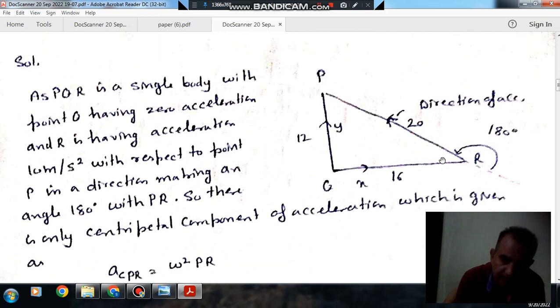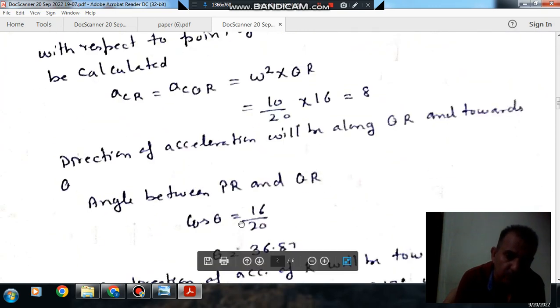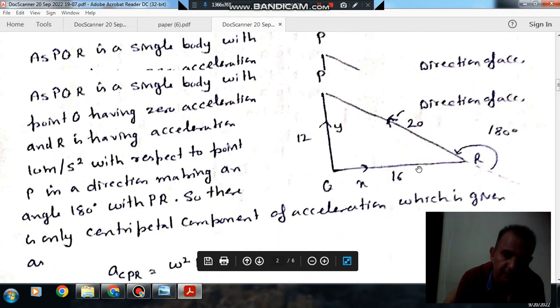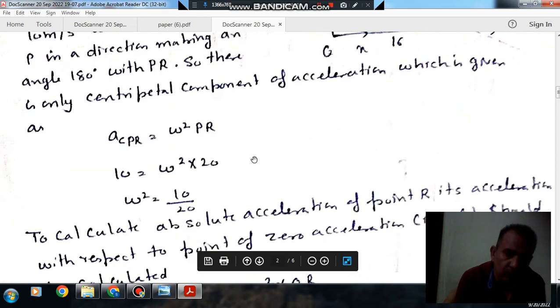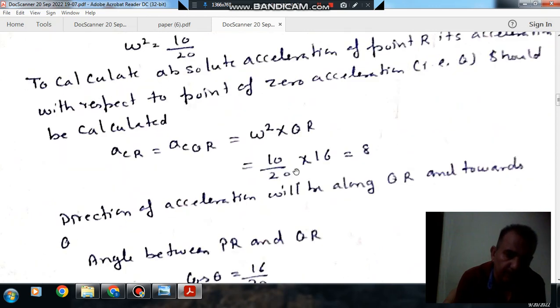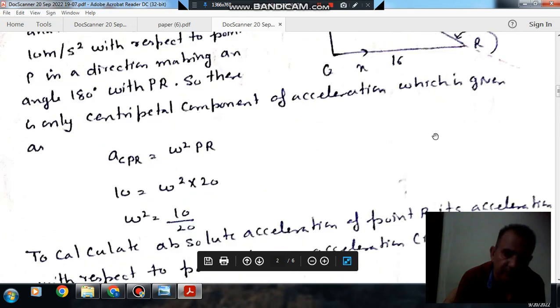So the direction of acceleration of point R with respect to PR will be 180 plus this angle. This angle can be determined by cos theta equals 16 by 20; here the base is 16 and this is 20. So it will be 36.87 degree.